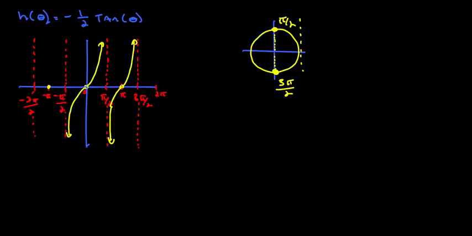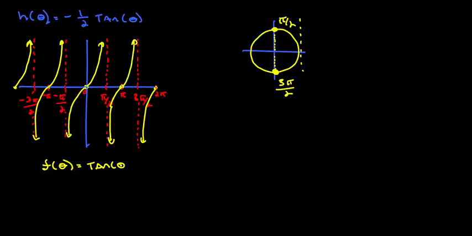So again, up and back down. So over here, down, over here. That's what it looks like. So the yellow is the original tangent function.